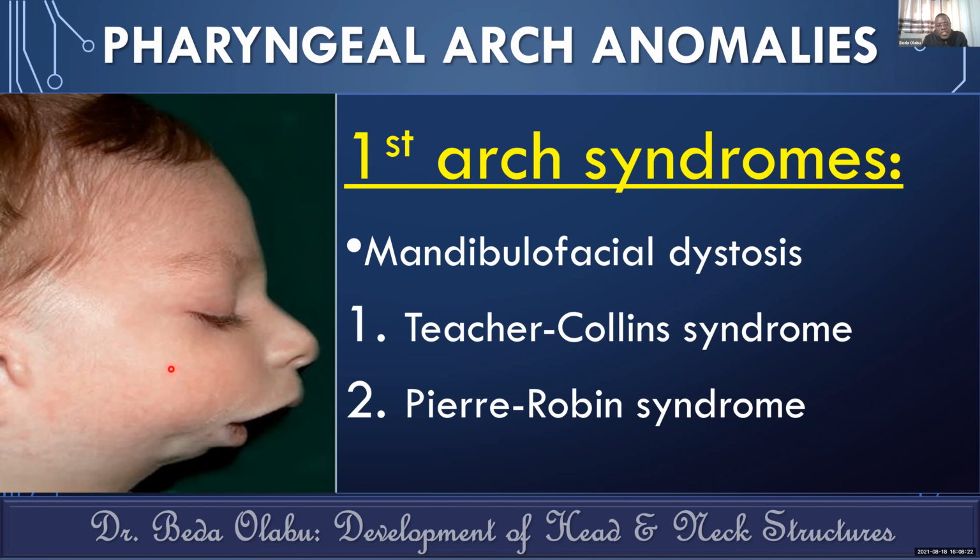Most of them present with what you see in that particular image. We can see that the mandible is so tiny here. We can see that the ear is a bit small and perhaps relatively lower than what we'd have expected.